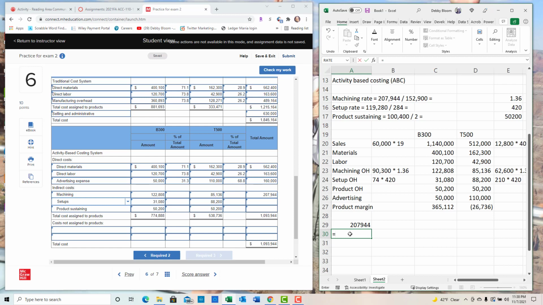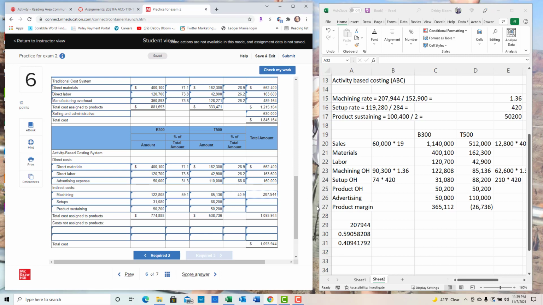So I'm going to take 122,808 and divide by 207,944, and I'm going to get 59.1%. And here I'm going to take 85,136 and divide by 207,944, and I'm going to get 40.9%.